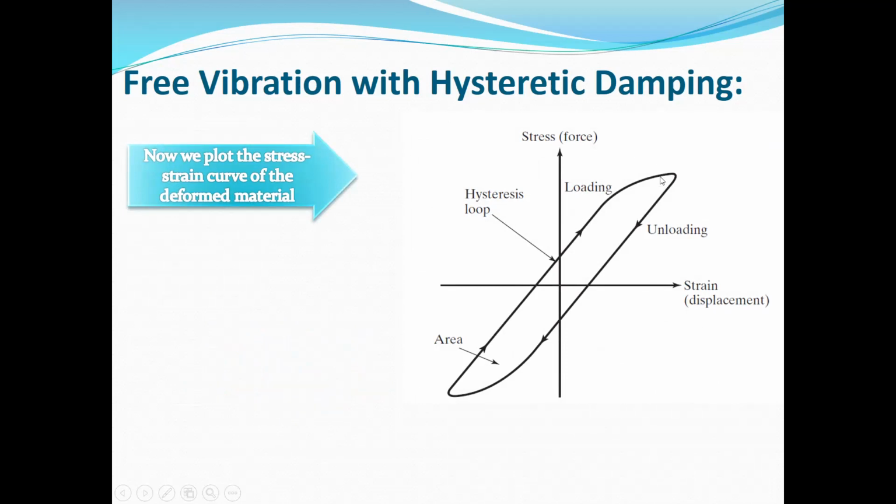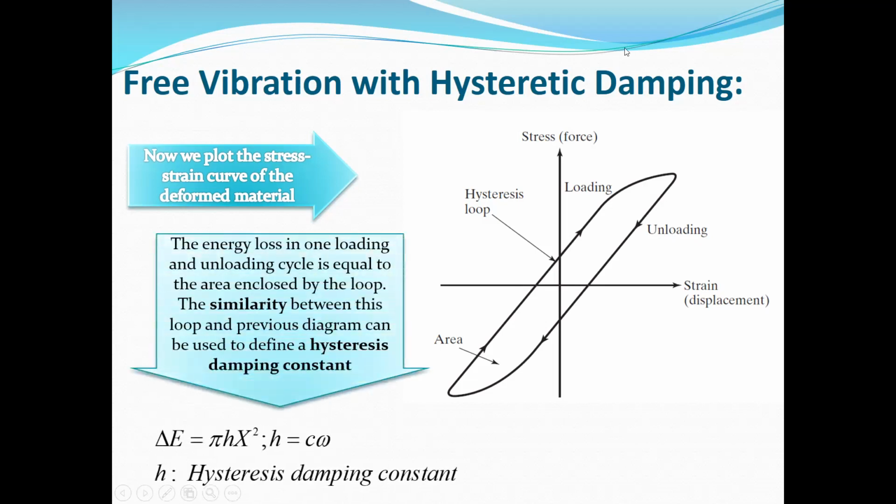Again, in this structure with hysteretic damping, the energy dissipated in one complete cycle of loading and unloading is, similar to the previous slide, equal to the area enclosed by this curve. You can extract this energy dissipated and compare with the previous slide, which was for the viscous damping system.